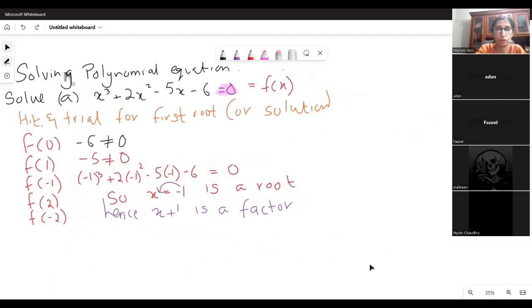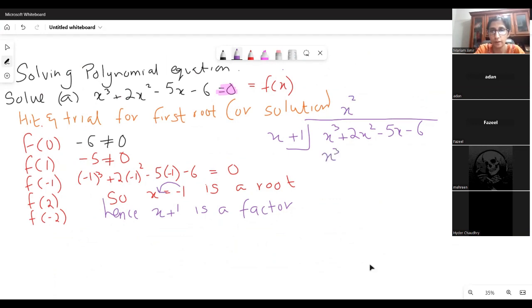So let's start with the long division. x cube plus 2x square minus 5x minus 6 divided by x plus 1. So the first expression should be x square, because x times x square gives us x cube plus x square, change signs, minus plus cancels, 3x square minus 5x minus 6.